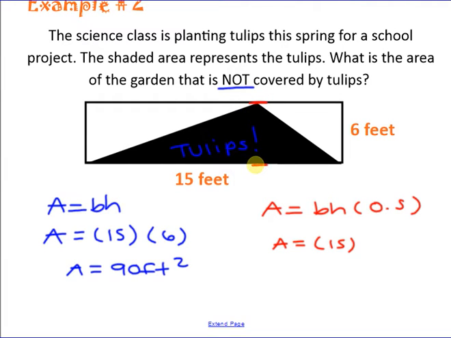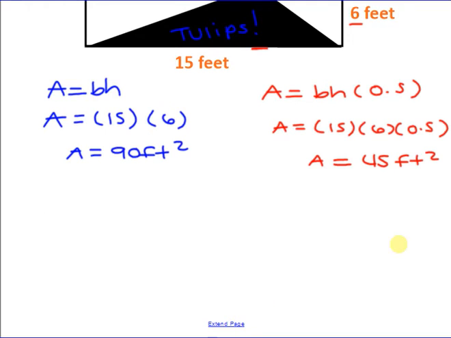It goes from here to here, of 6 feet, times 0.5. And when you calculate that, you're going to get 45 feet squared. Now, in order to find the non-shaded area, I need to subtract the two. So 90 minus 45 is going to give me 45. And so your answer is 45 feet squared.